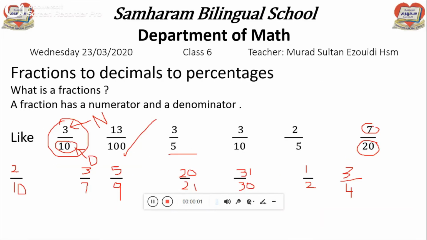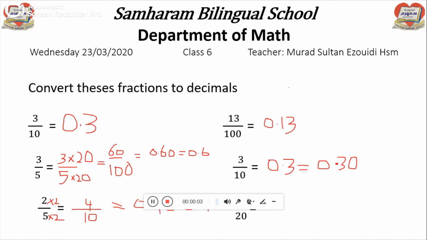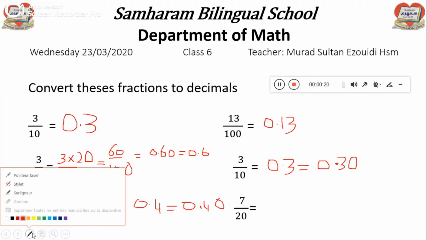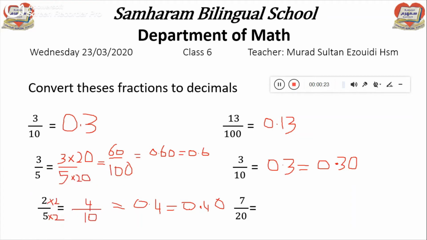Let's continue. Now my kids, we will try to finish the last example, 7 divided by 20. You will multiply this by 5, good boy, and also the denominator by 5.